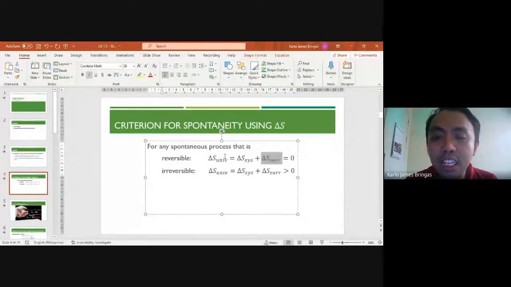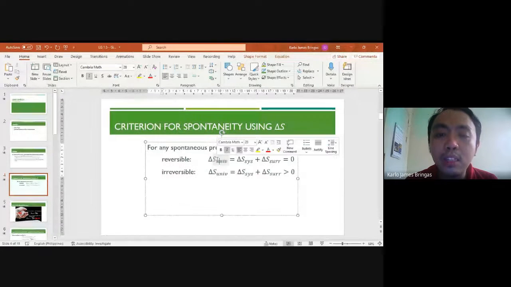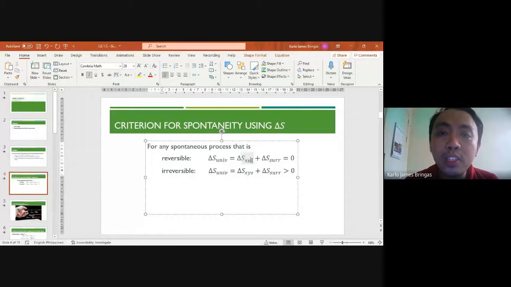And as you can imagine, the universe, which is our basis to determine whether a process is spontaneous or not, is really a very big place. So what we try to do here is come up with a criteria that only focuses on the system without having to take into account what goes on in the surroundings and the larger universe as a whole.